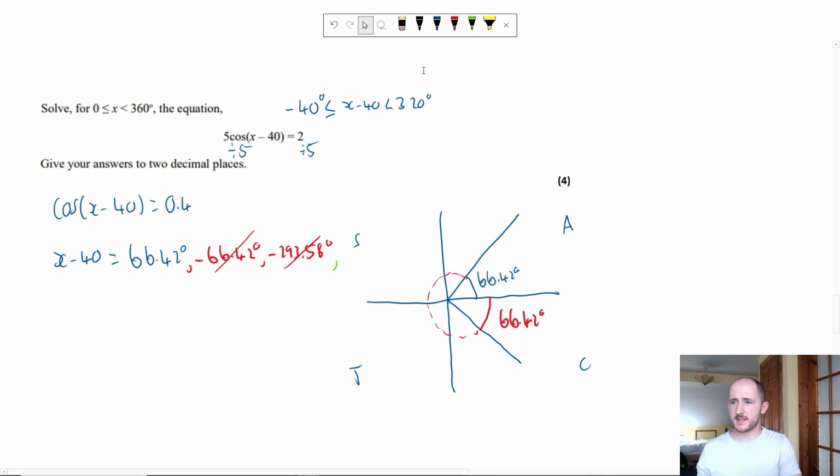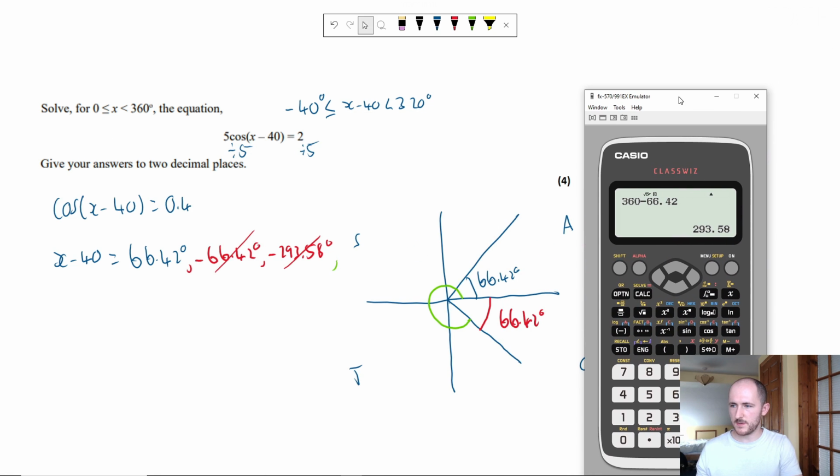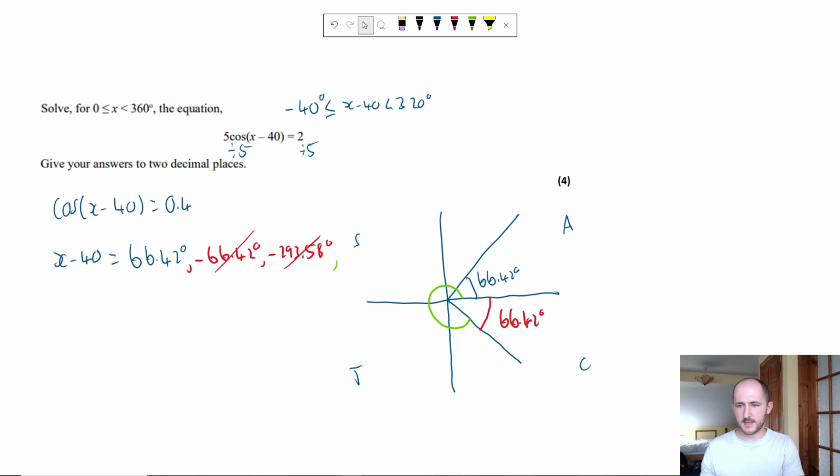So let's find the other positive values. If we get rid of the negatives, actually just this big negative one, if we're going around this way, we're once again going to have 360 minus 66.42, and that's going to give us positive 293.58, which is indeed inside this range.